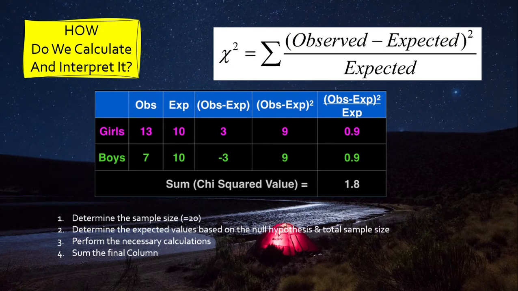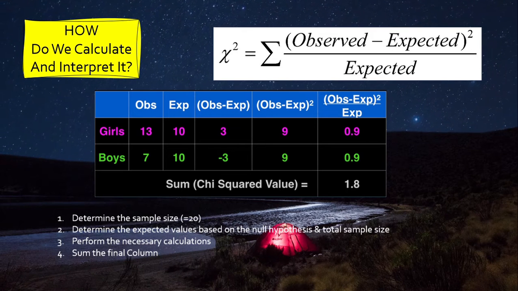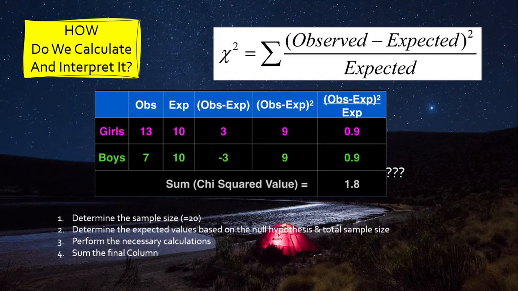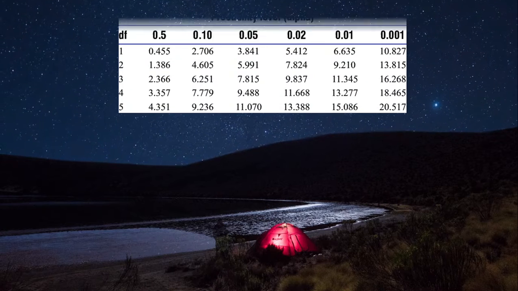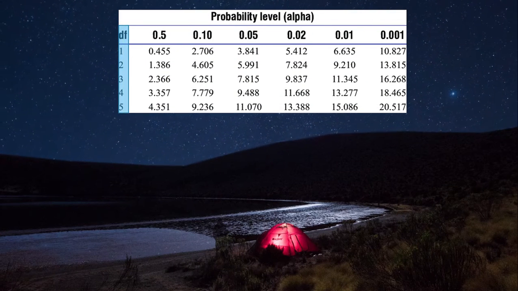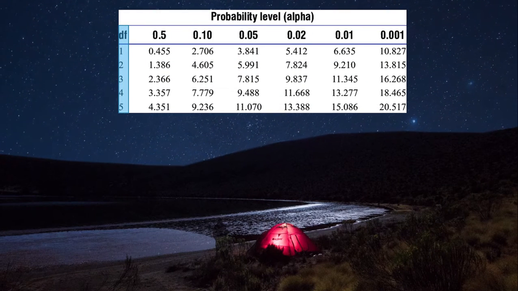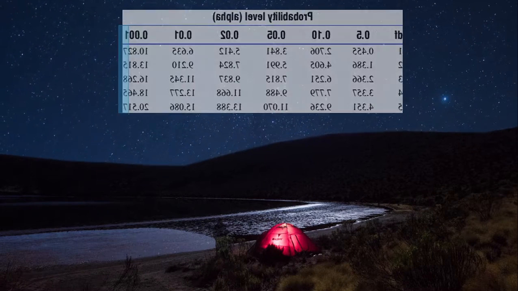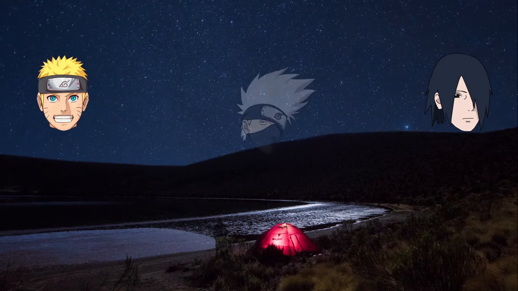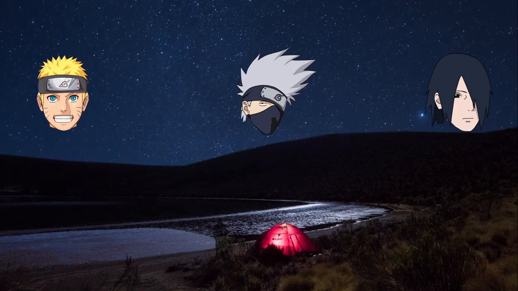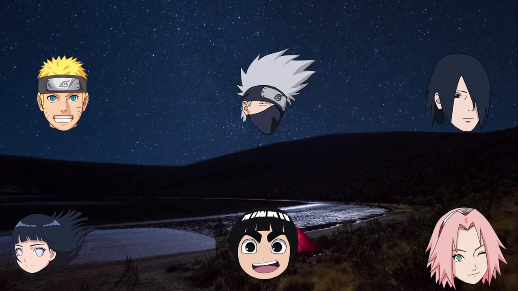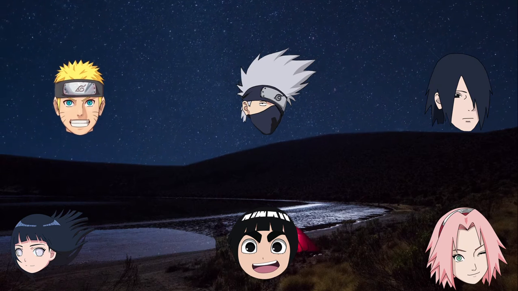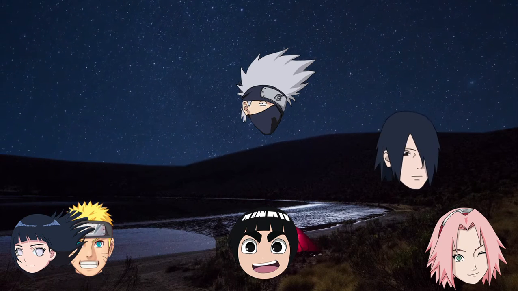We got from this table a sum of chi-square equal to 1.8. What does it mean? Well, we have to look at the chi-square table first. There is a df here. What is df anyway? Let's say there are 3 persons: Naruto, Kakashi, and Sasuke. And the pairs: Naruto got Hinata here, and Sasuke got Sakura here.